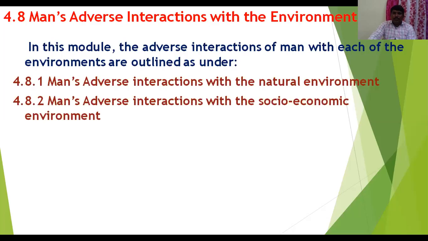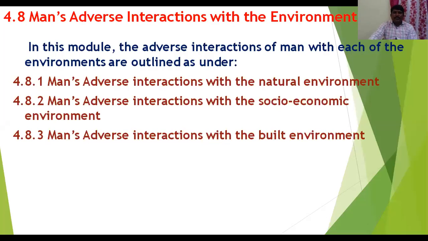There are also demographic problems relating to overpopulation, food insecurity, forced migration, refugee problems, and injustice of diverse nature, among others. Third is man's adverse interactions with the built environment.